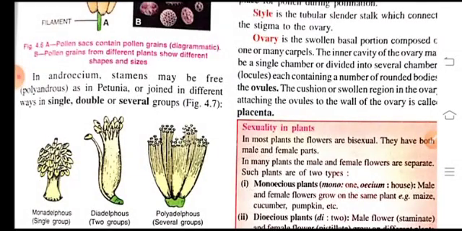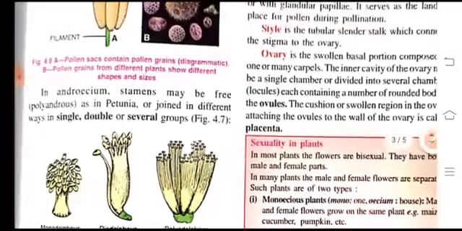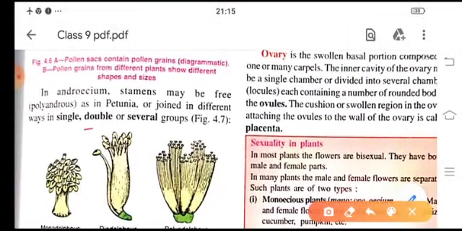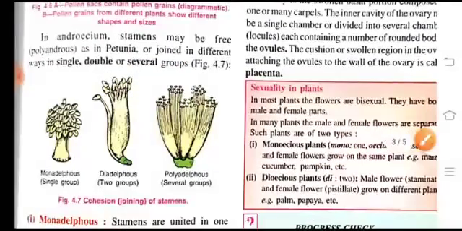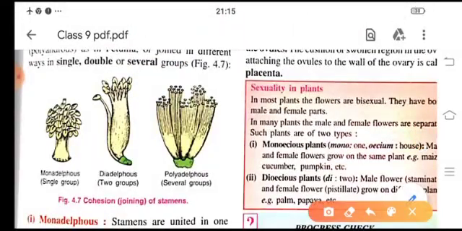So if they are free, the condition is known as polyandry. They may be single, they may be double, or they may be several groups. So here see stamens, they are in monoadelphous condition. Here stamens are fused and on the upper side anthers are free.